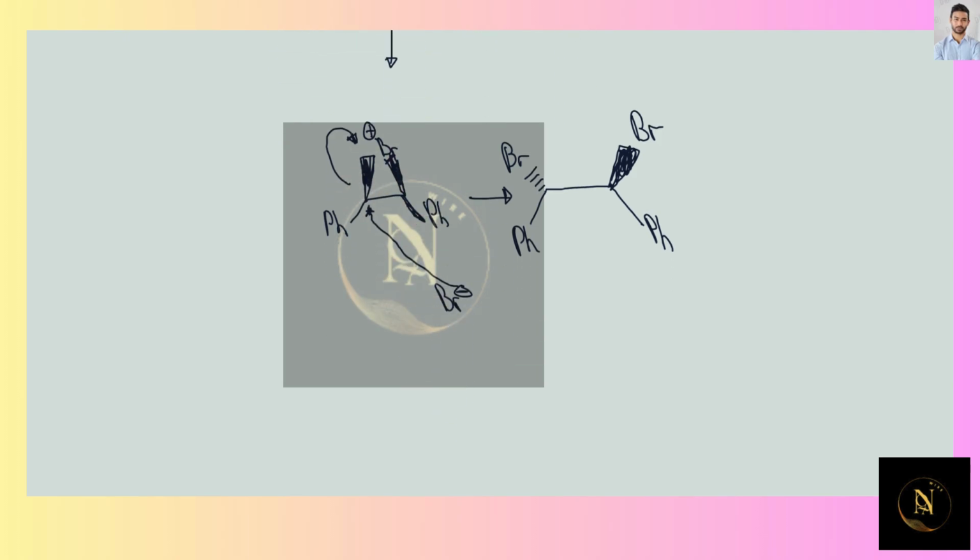Another way to write down this compound would be to have the bromine over here. I'm just giving you an extra option because, depending on your visual cues, sometimes it's easier to look for one or the other. And in this case, both phenyls would go over here.